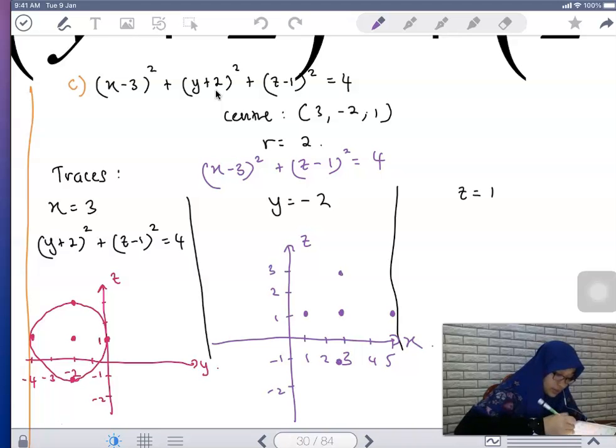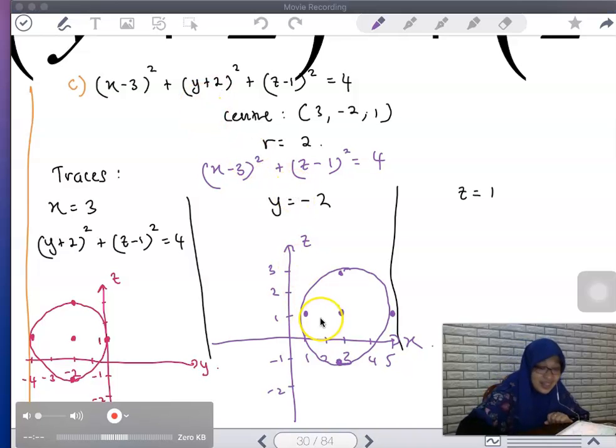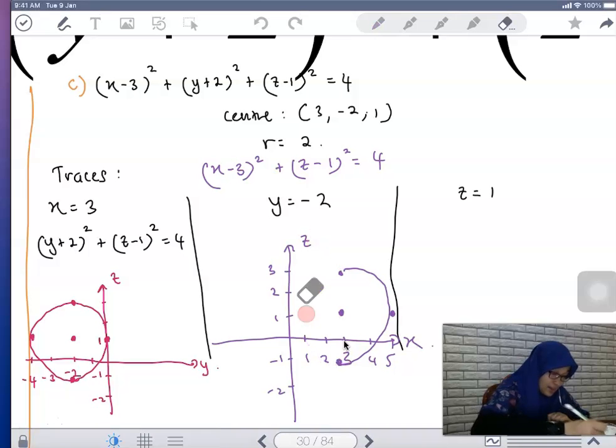Okay, it looks not so correct as a circle, because my scale is not consistent, so some of them are a bit shorter than the others. Okay, so just modify. This one, that one. So that is another circle where the center is at (3, 1).